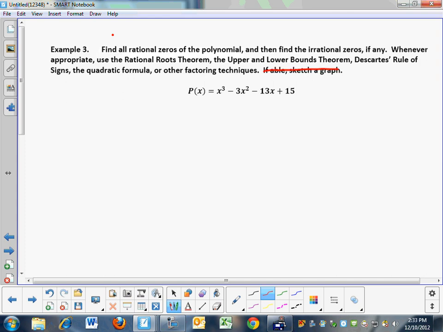Here's what I want you to do. We won't necessarily always use the upper or lower bound piece, but we will definitely use Descartes' rule of signs.